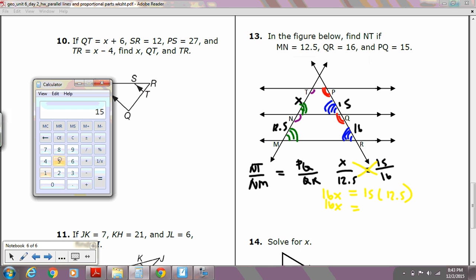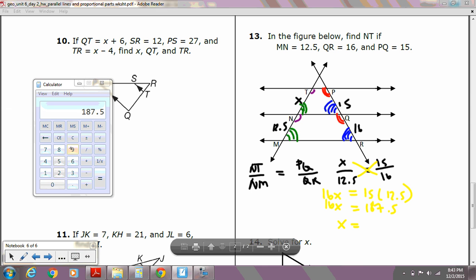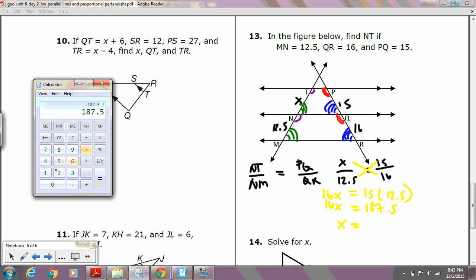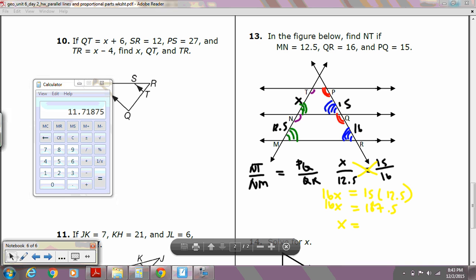All right, 15 times 12.5 is equal to 187.5. I already know we're going to divide that by 16. So x is equal to 11.72 approximately.